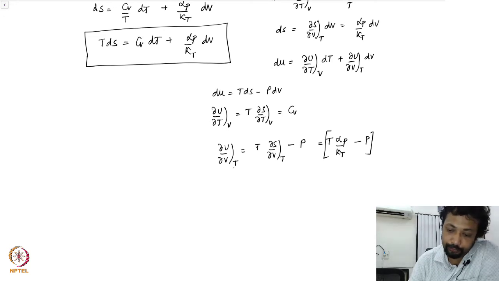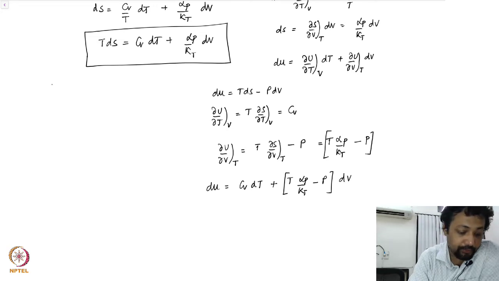So in fact you can get these relations always from the first law also. So if you put it over here, du is Cv dt plus del U del V, temperature constant, is T alpha P over kappa T minus P dV.